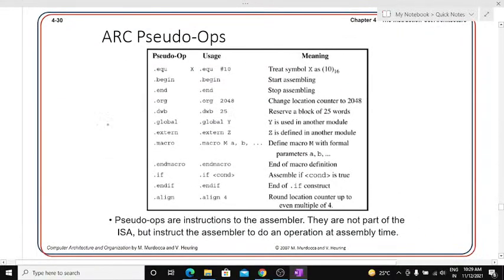Then pseudo operations. Pseudo operations in the ARC processor are instructions to the assembler. Okay, pseudo operation means we are giving some instructions to the assembler.